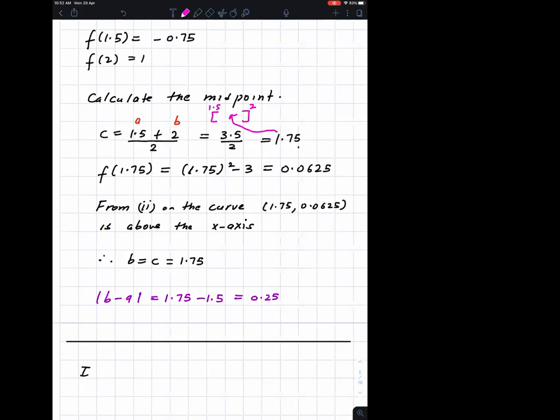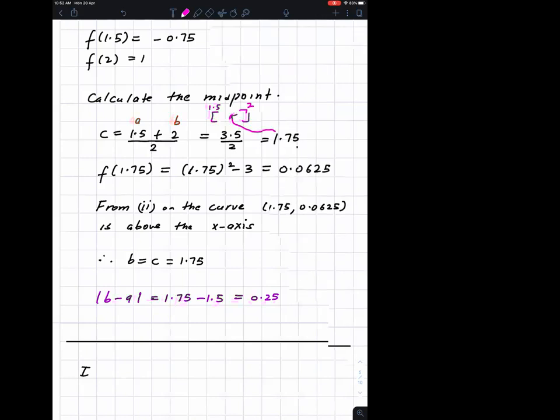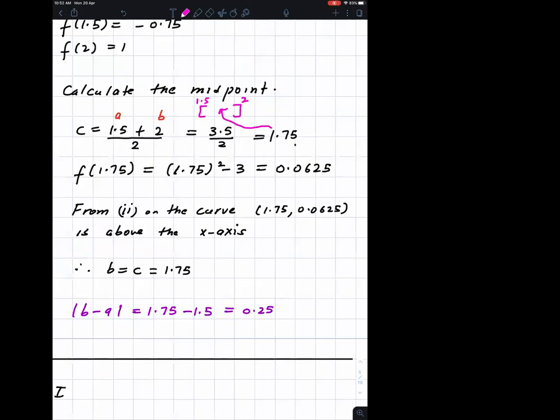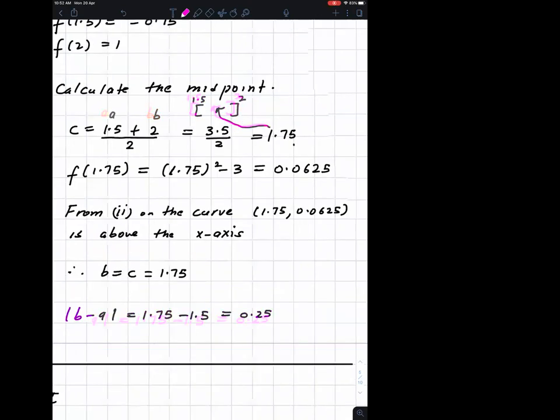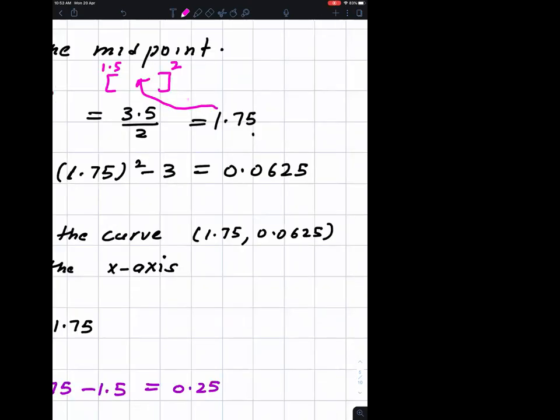After finding the corresponding value, which is 0.0625, a positive value, this will tell me whether the point is on the right or left hand side. That's why we need to plug 1.75 into the equation. That will allow us to determine whether the point is on the right or left side of the root.